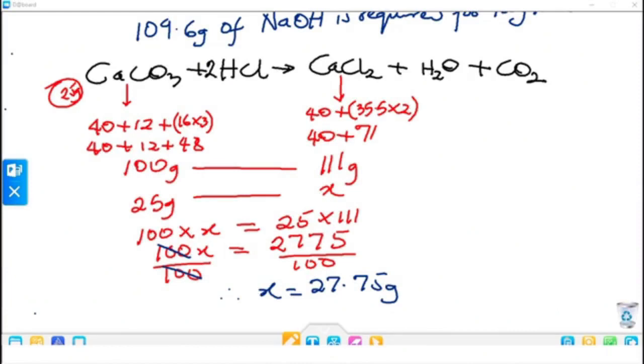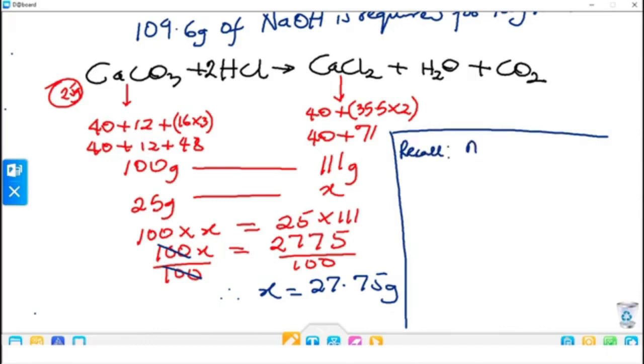So what do we do? It is to recall that number of moles is represented with the symbol letter N, small letter n. And small letter n has different relationships, as we saw when we started calculations in stoichiometry.